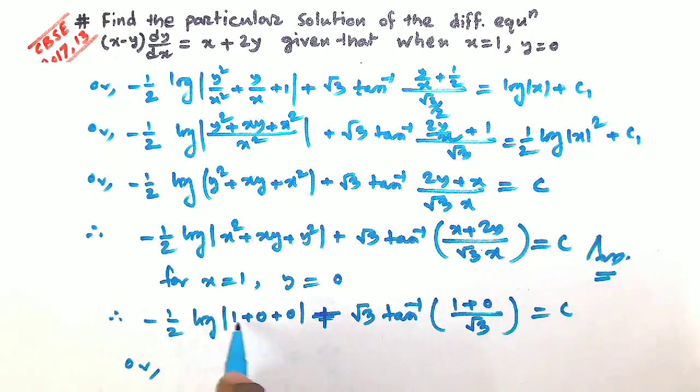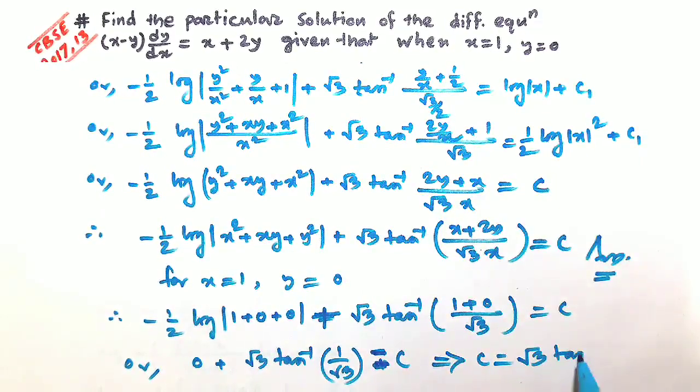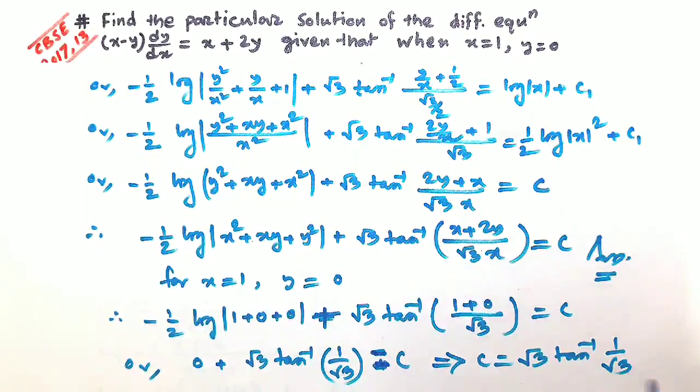Or log of 1 is equal to 0, so this part is fully 0 plus root 3 only tan inverse 1 upon root 3 is equal to c. So friends, the value of c is root 3 tan inverse 1 upon root 3.